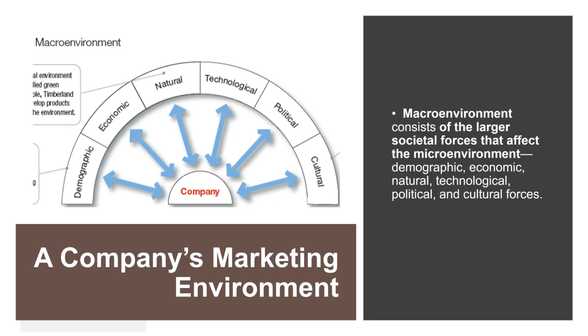There are 2 environments that we're going to go through today. One is the macro environment. The other one is the micro environment. The easiest way to differentiate them from each other is that the macro environment consists of the larger societal forces that affect the micro environment. So the micro environment would be inside of this rainbow versus the macro outside of it.